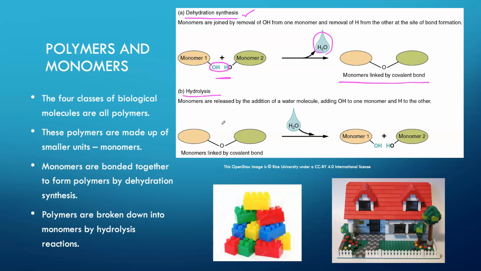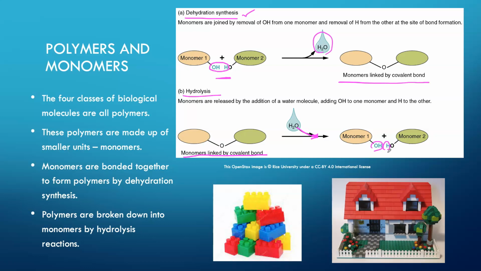Down here in the hydrolysis reaction, the opposite is true. We have monomers bonded together, and in order for the cell to break that bond and release them as individual monomers, a molecule of water is needed, and now we see that it is put back in between where the bond existed.